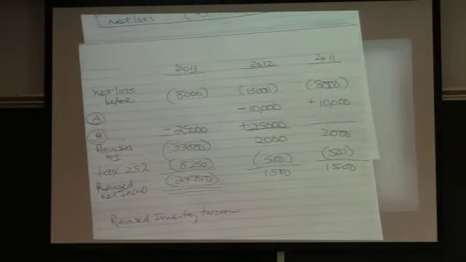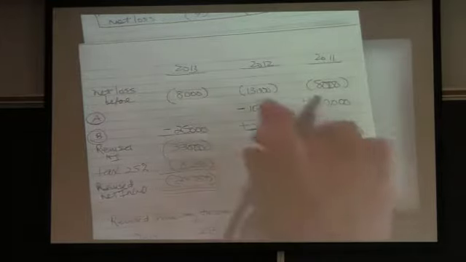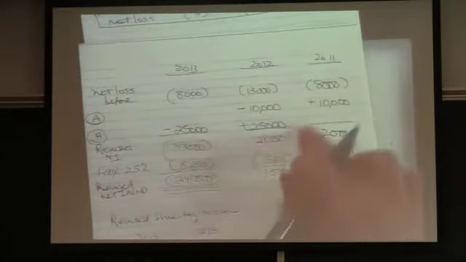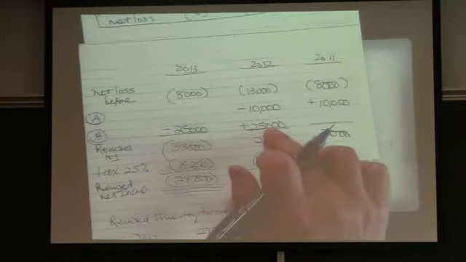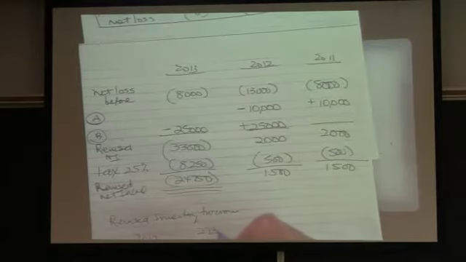So for 2012, our cost of goods sold was $273. Okay? We had these two errors, right? And these two errors have an impact of $15,000.